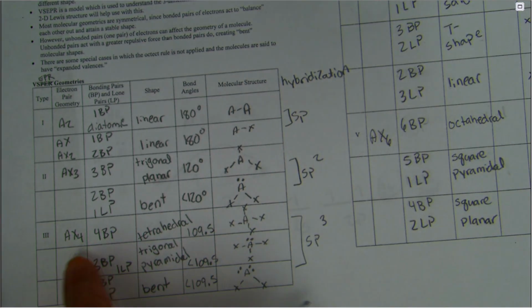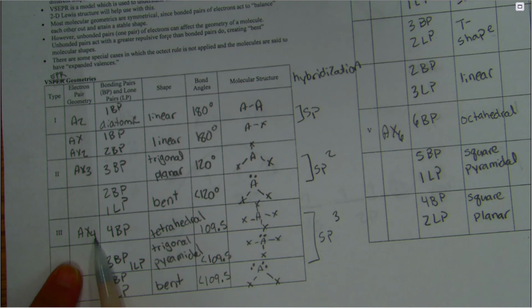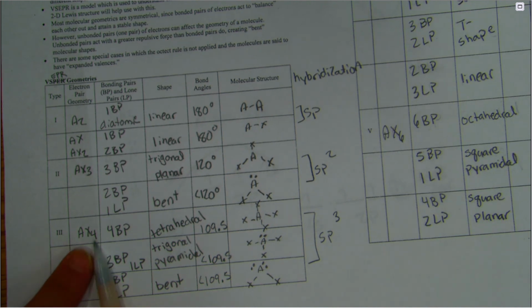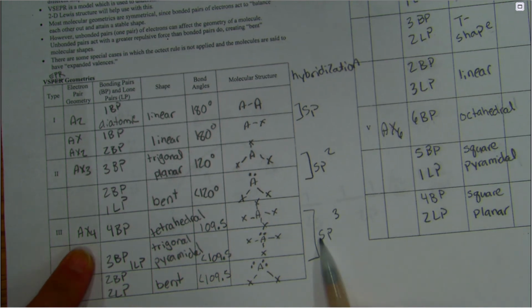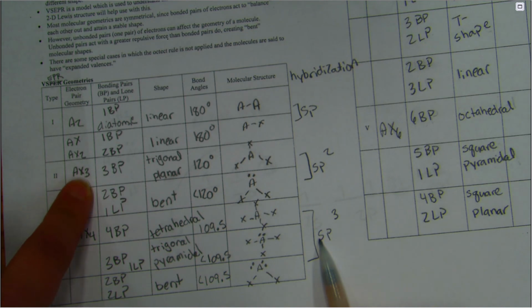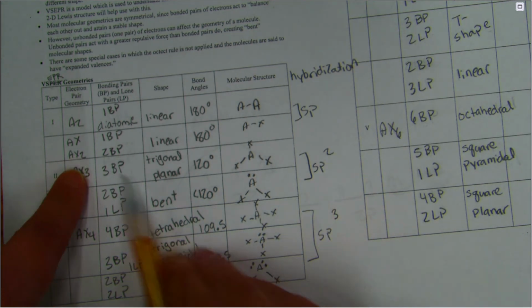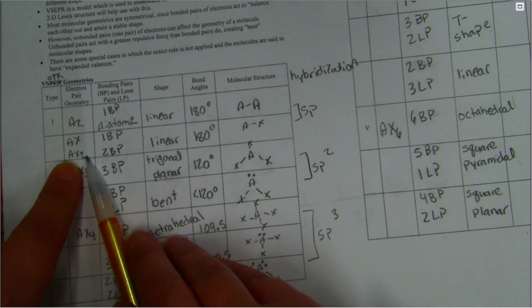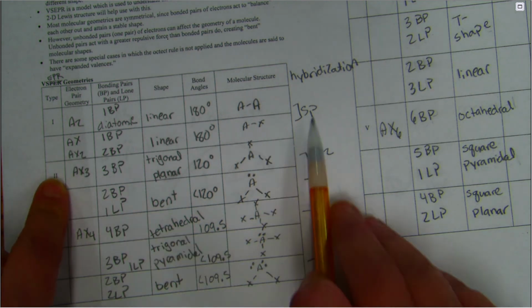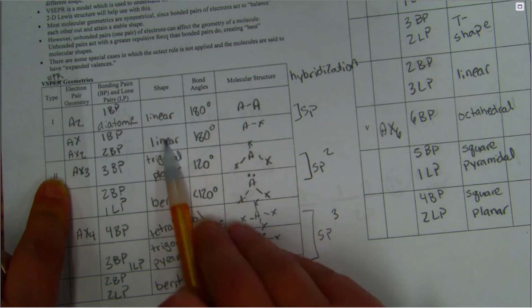All right, what does that mean? I have 4 things around the central atom. 3 plus 1 is 4. I have 3 things around the central atom. 2 plus 1 is 3. I have 2 things here, so sp. So the linears are sp.